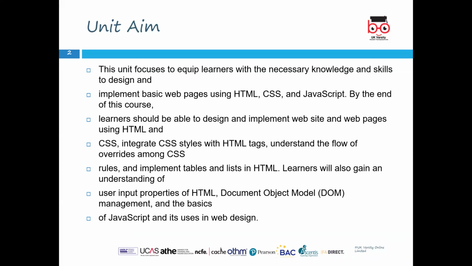This unit, we focused on having the basic knowledge and skills for us to create web pages using HTML, CSS, and JavaScript. We looked at a lot of features and a lot of things that we can do by working with HTML.